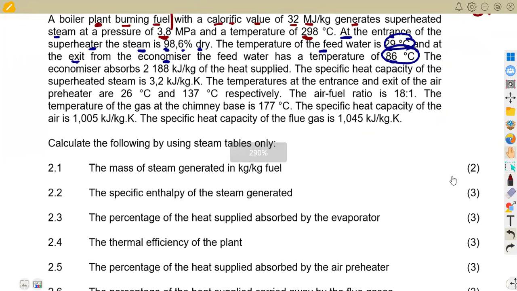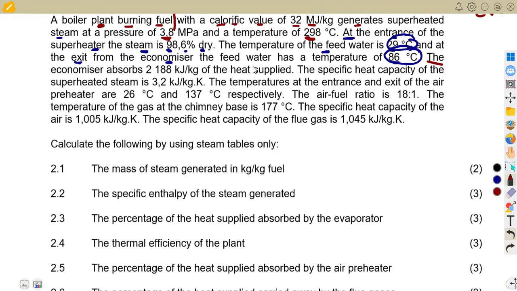Then they are saying the economizer absorbs this heat, in kilojoules per kilogram, not per kilogram of steam, just per kilogram. So we've got Q in the economizer here.